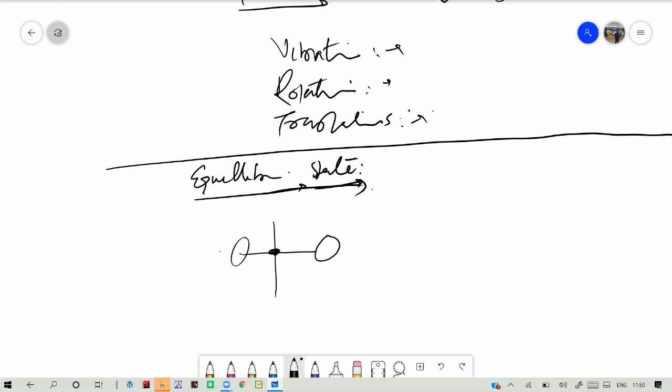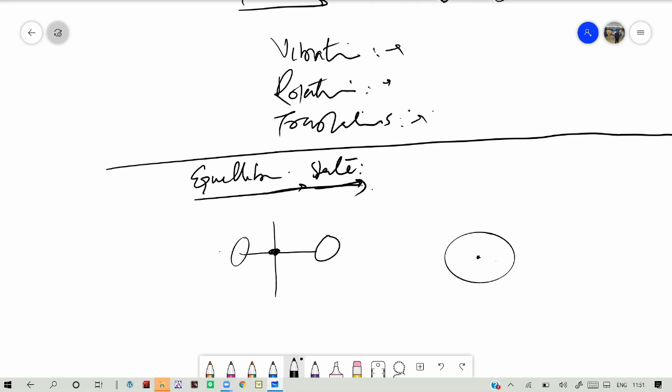For example, it is here. So you take this molecule as a single particle, and it becomes a single free particle in the absence of any external field. Then instead of these two atoms, we have a single molecule with the center of mass somewhere here.